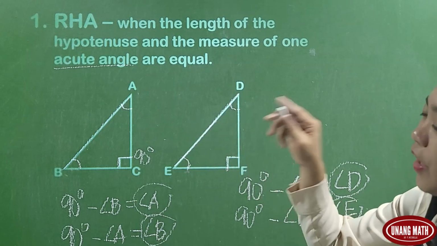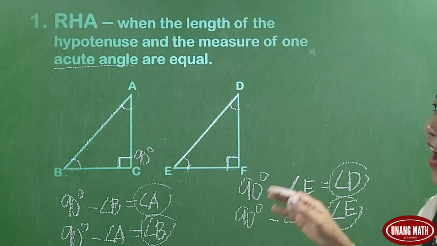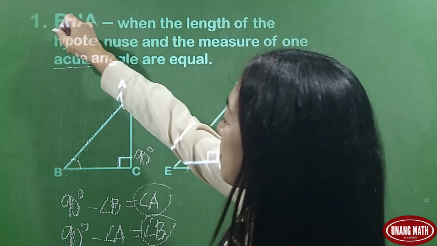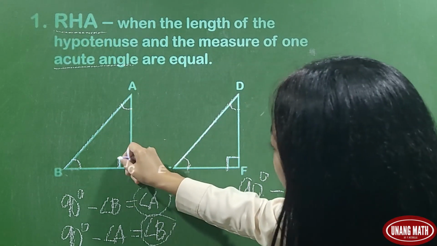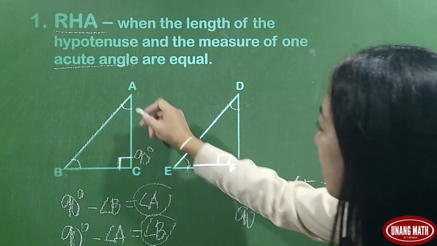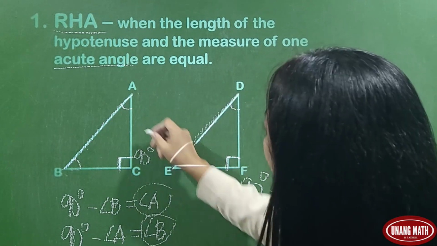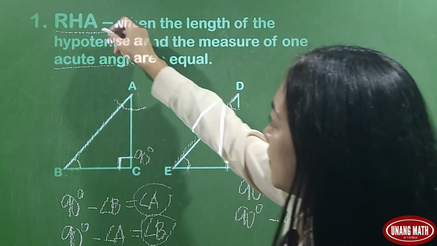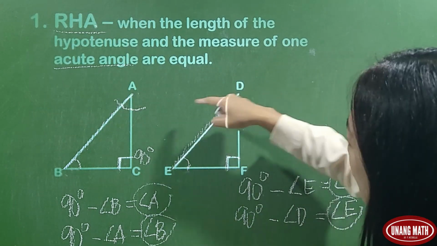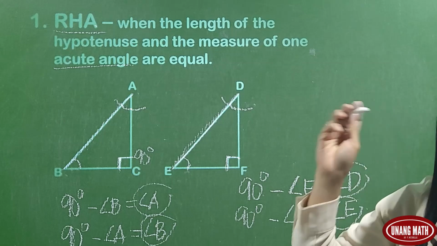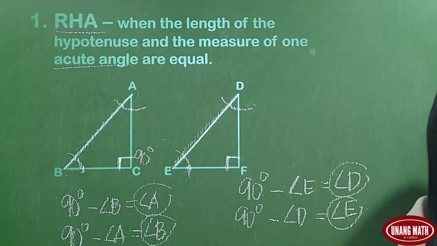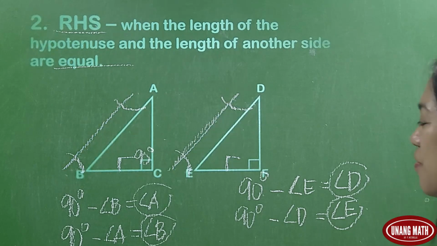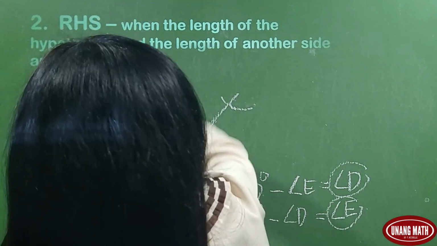So these two right triangles are congruent, and that is by RHA congruence. So right angles, hypotenuse, and the corresponding angles are equal in measure. Okay, moving on to our next condition.